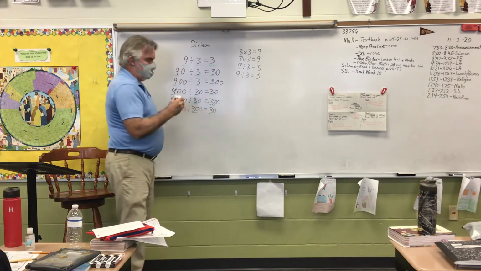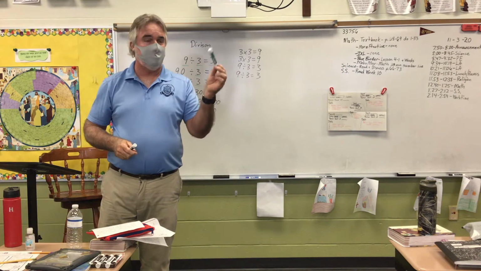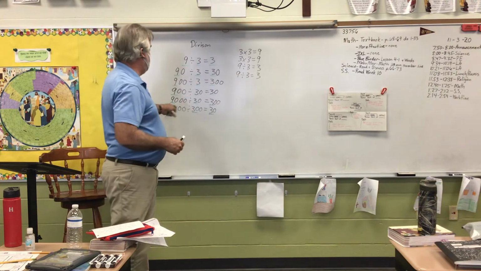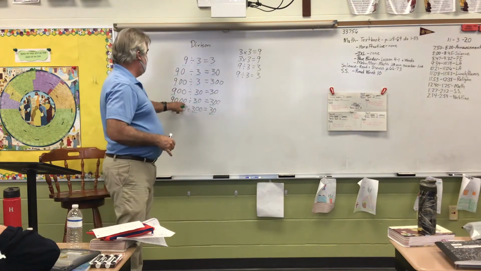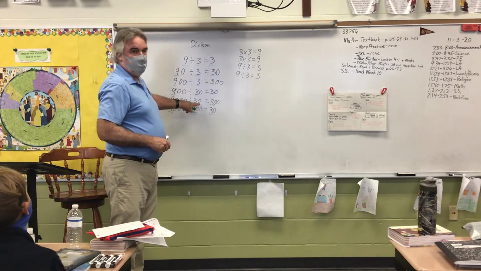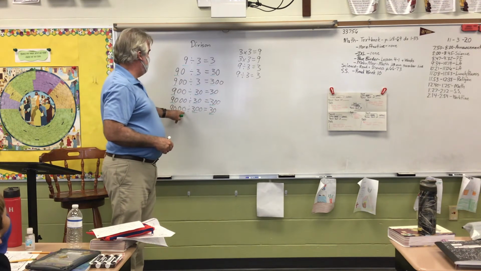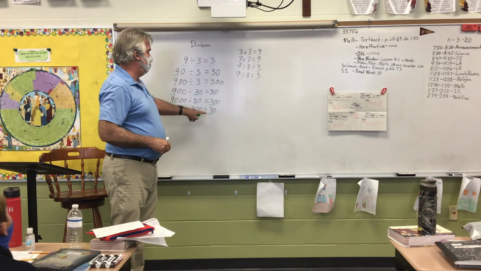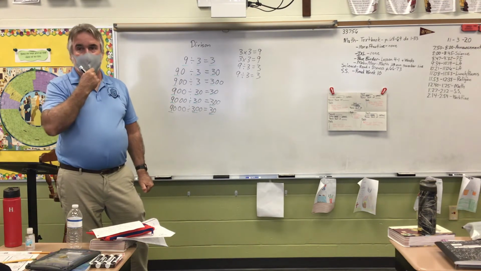Now, staying with the way I've been doing it, I'm underlining the basic fact in green. You still have 9 divided by 3 all the way through. Down here I've got 3 zeros. Take away one of them, I still have 2 left. I have 3 zeros. I take away 2 of them, I still have 1 left. Okay?